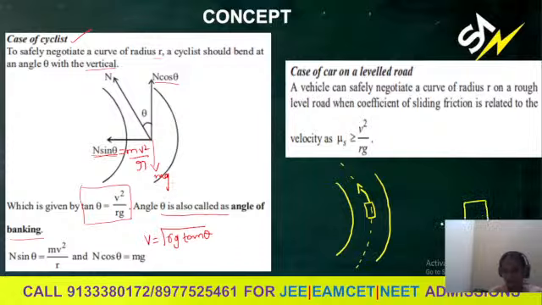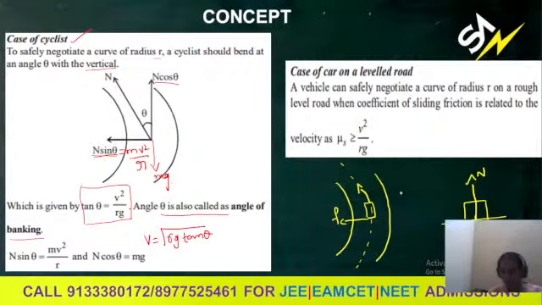Let us take this is the vehicle. Weight acts downward, and the normal reaction will be upward. And this direction is towards the center; to support that motion without skidding towards the center of the circle, frictional force develops, maximum frictional force develops.